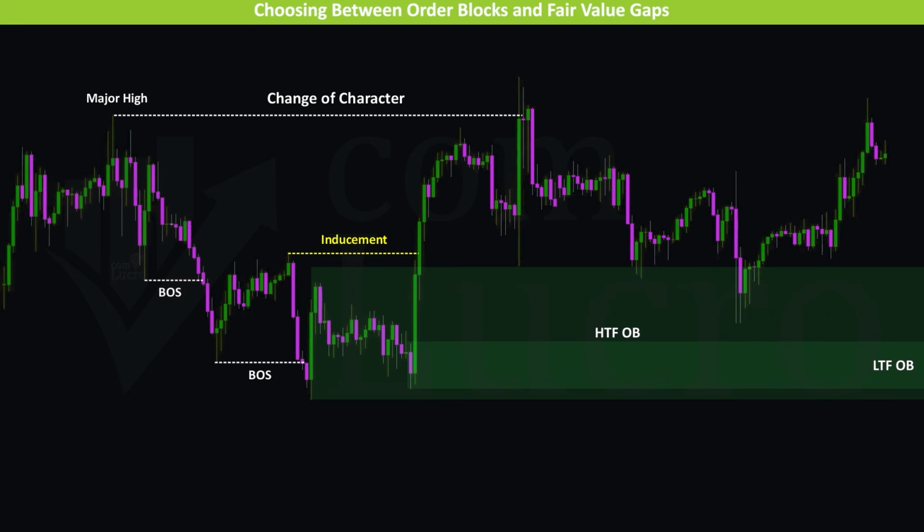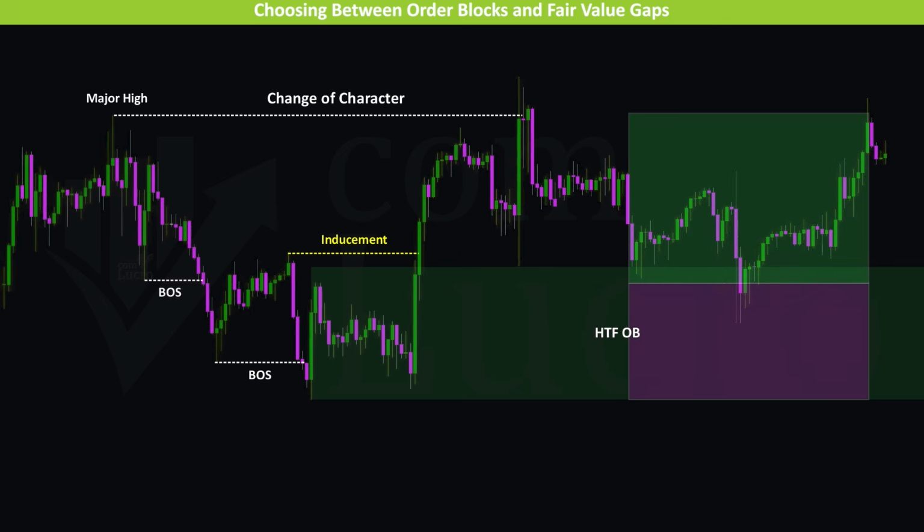If your goal were simply to participate in the move using the higher time frame order block, you could have placed a buy limit at the top of that order block with the bottom of the zone acting as your stop loss. This would have placed you in the trade, and price likely would have moved upward after triggering your entry. However, this type of entry comes with a wide stop loss, which reduces the reward-to-risk ratio and increases the potential damage if the trade turns against you.